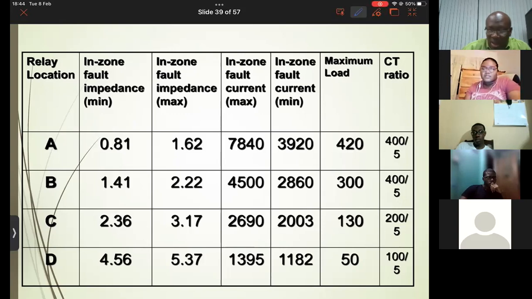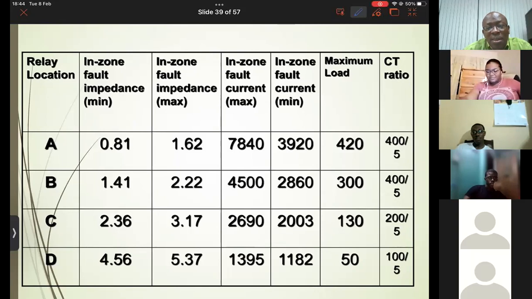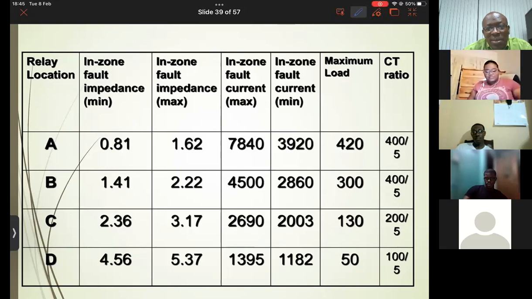All right, so I push you on this one. What's the purpose of this? You see, I'm repeating this because I want it to stick. What's the purpose of grading? Talk to me, man. Ensure that the right relay, the correct relay operates. So you want discrimination.